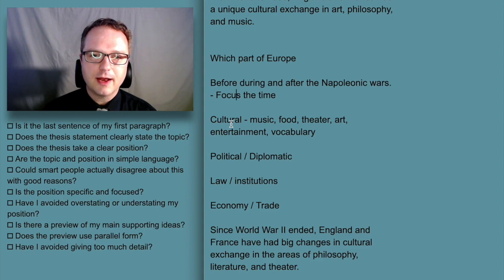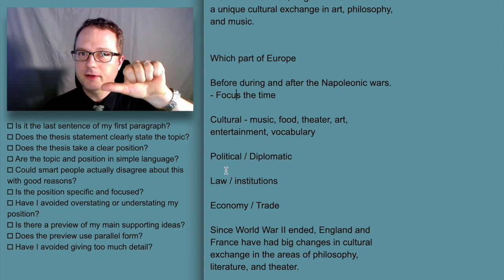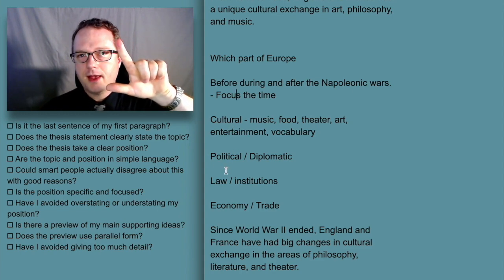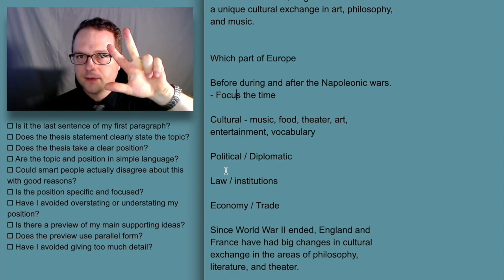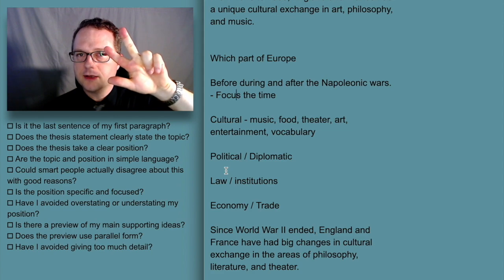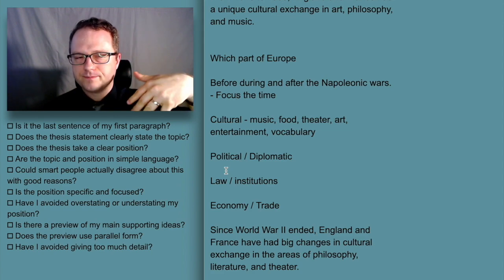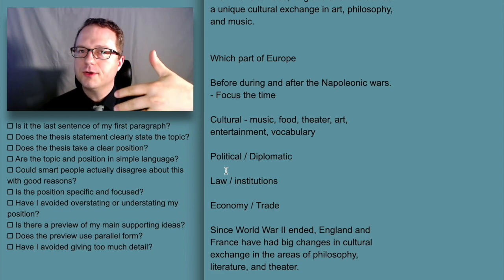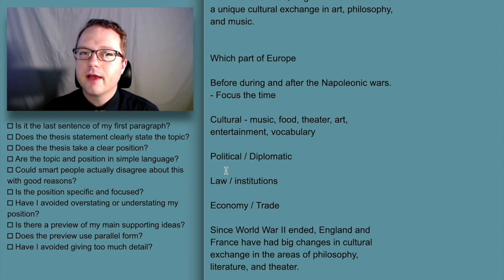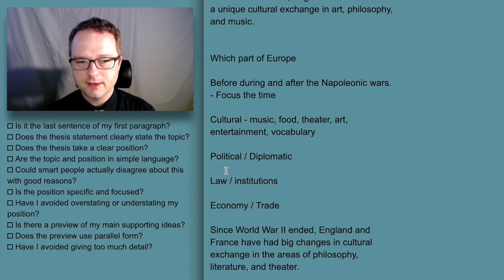Or maybe we'll look at how it affected the economy of the Netherlands, Belgium, and Germany. And that is our three supporting ideas. Those are the three supporting ideas we need. So how we focus it might give us our area for our three supporting ideas.